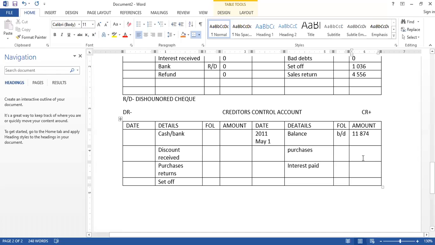And then we have the purchases journal of 154,562.